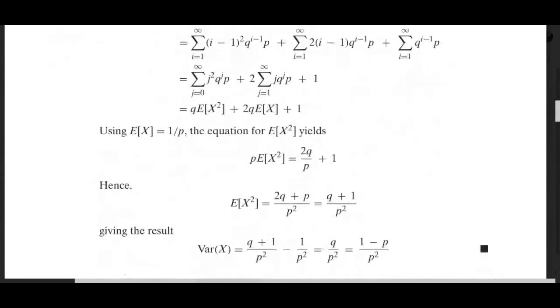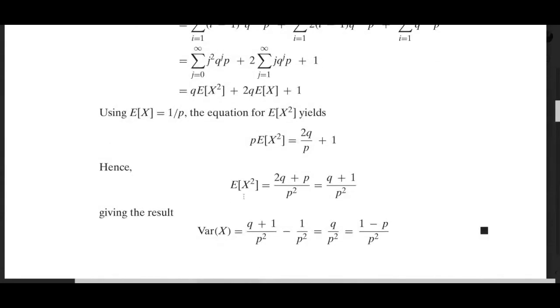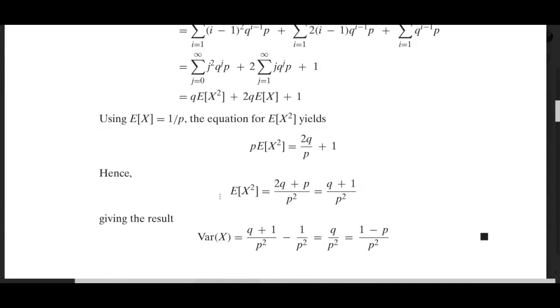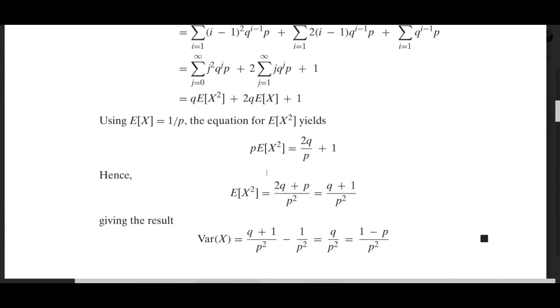I was confused with one part, where we have q times expected value of x squared plus 2q times expected value of x plus 1. This one? No, the one on top of the one using expected value of x.